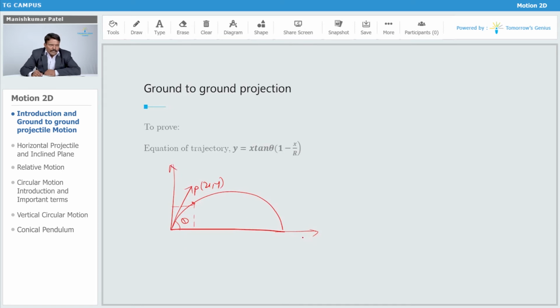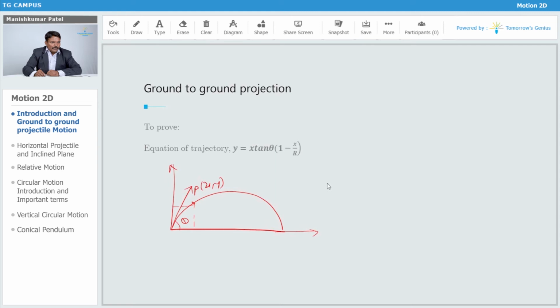So at any instant, we have to find the relation between y and x for this particular case over here. So we will find that relation.